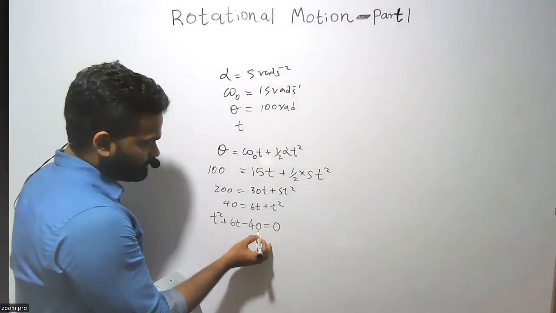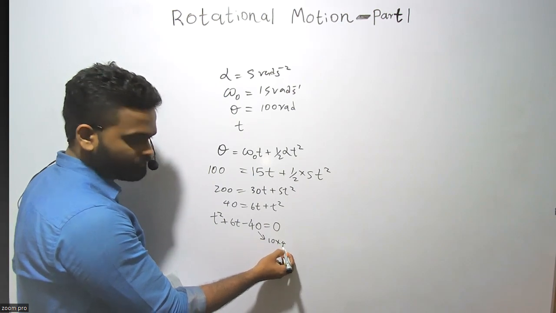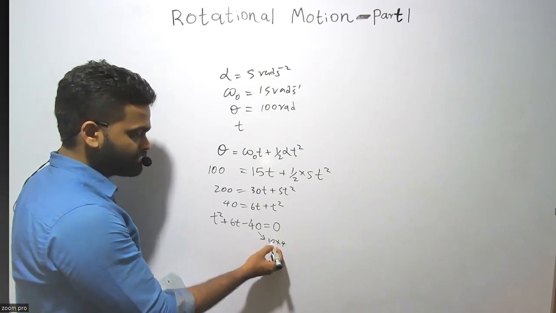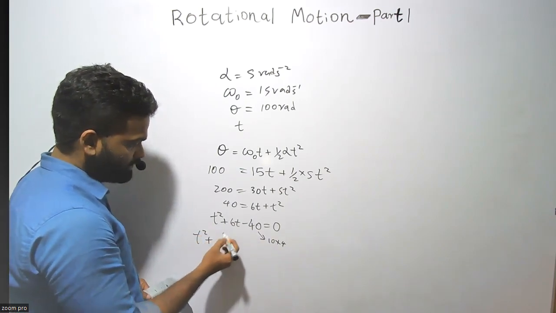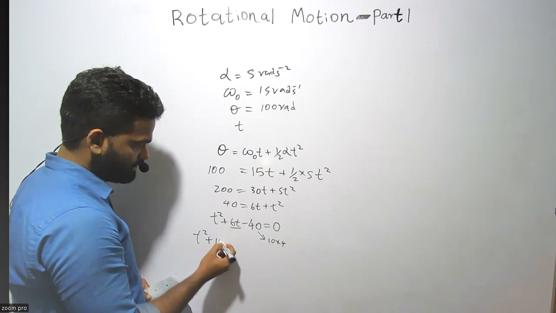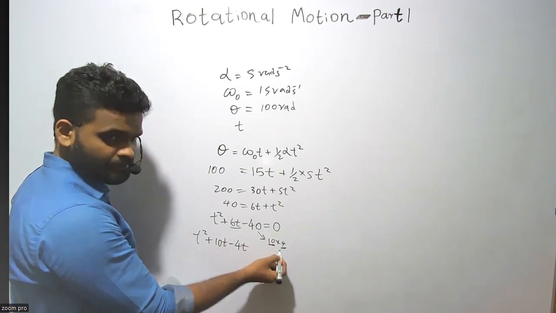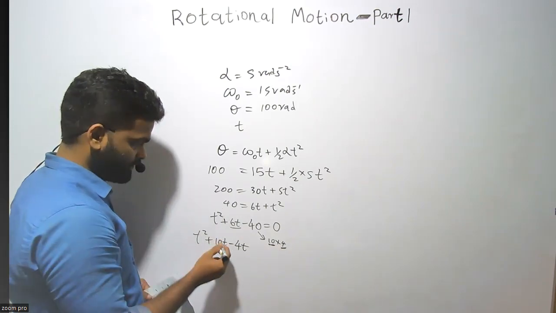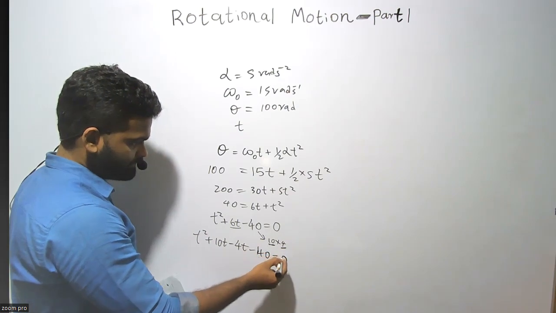This 40 can be written as 10 times 4. So you can factor this one as t squared, and this 6t can be written as 10t minus 4t. Get it? 10t minus 4t, so you get t squared plus 10t minus 4t minus 40 equals 0.